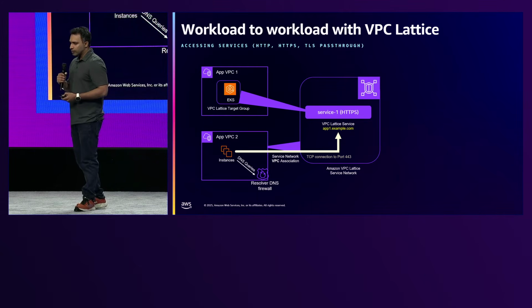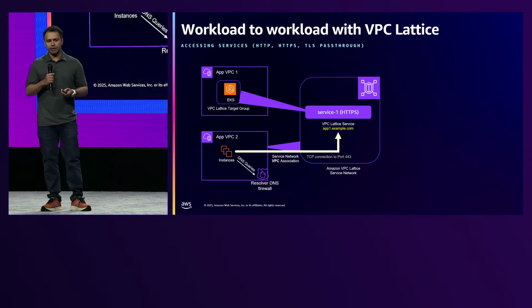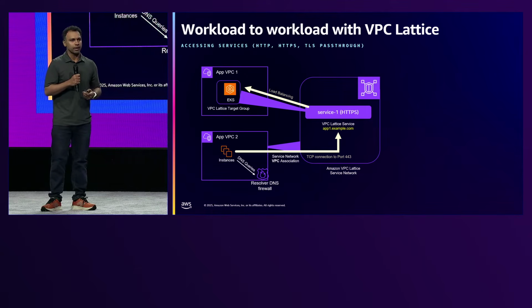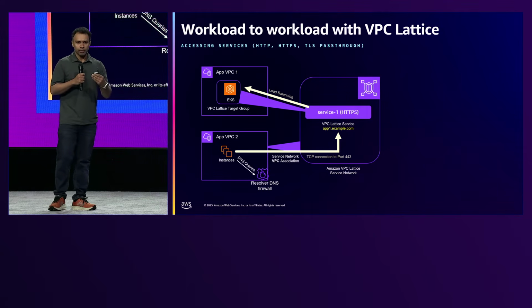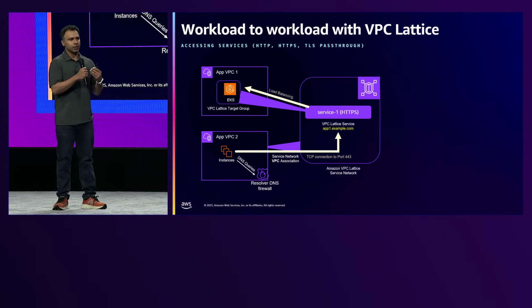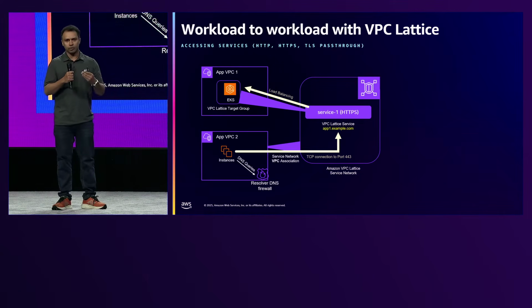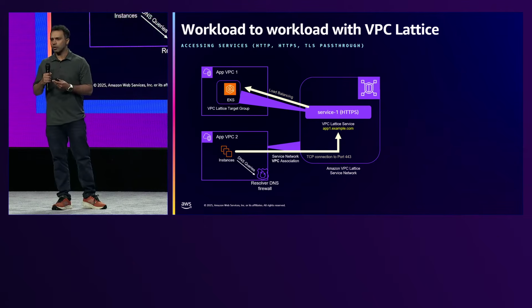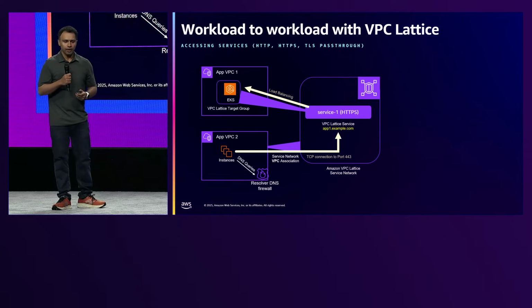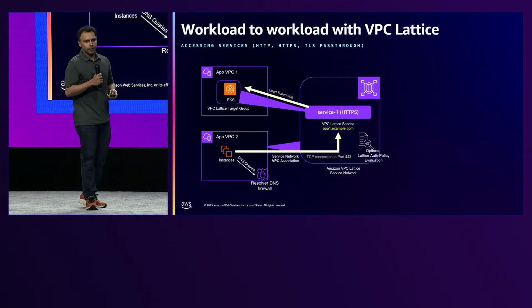Once traffic is on the VPC Lattice data plane, this is where Lattice understands that this traffic is destined to Service 1, and Service 1 lives in the EKS cluster behind app VPC 1. So from this perspective, your Lattice acts as a combination of your load balancer that allows you to onboard specific apps with a target group and also connect your consumers with service producers.